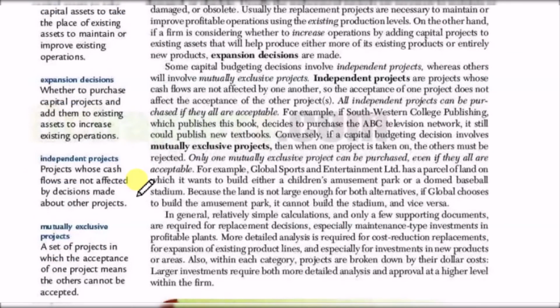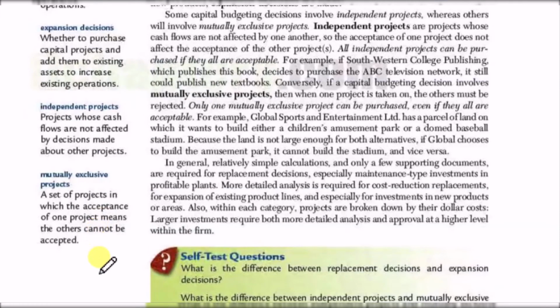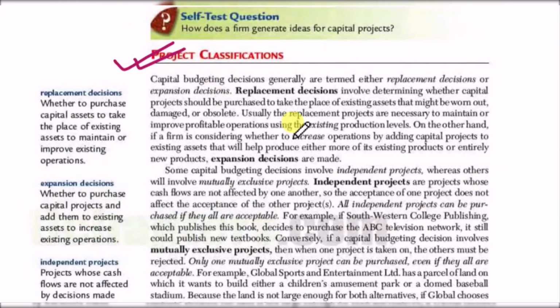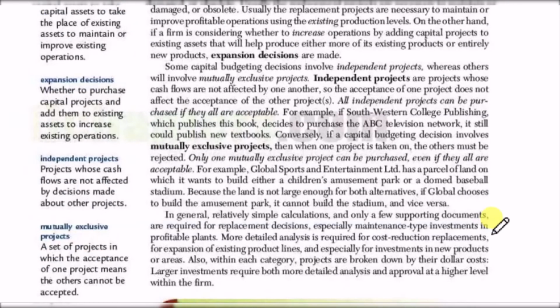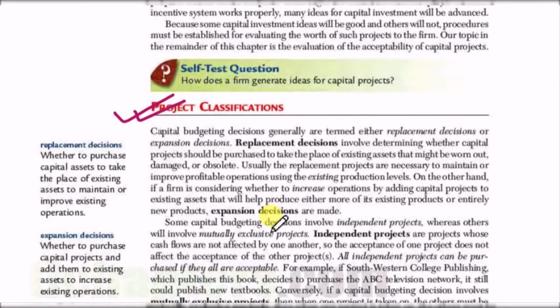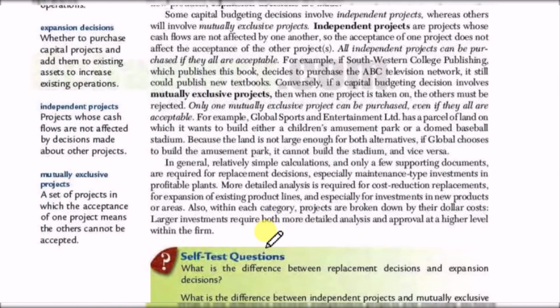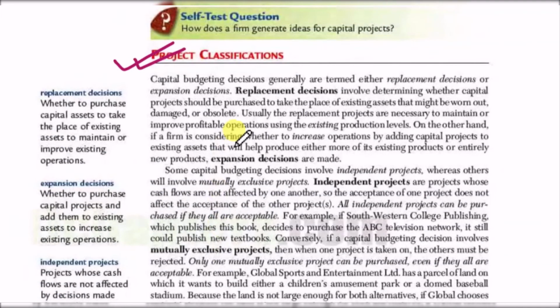Independent projects are those whose cash flows are not affected by the decisions made about other projects. Mutually exclusive projects are a set of projects in which the acceptance of one project means the others cannot be accepted. Actually, these are the classifications: replacement decision, expansion decision, independent projects, mutually exclusive projects. So these are the basic terminology related to our capital budgeting techniques.